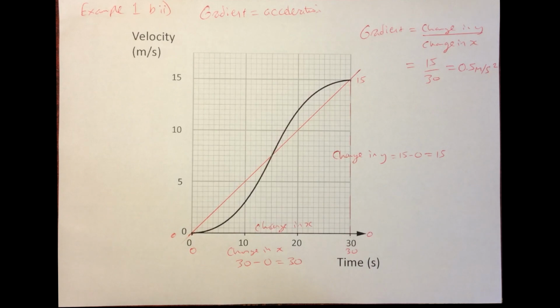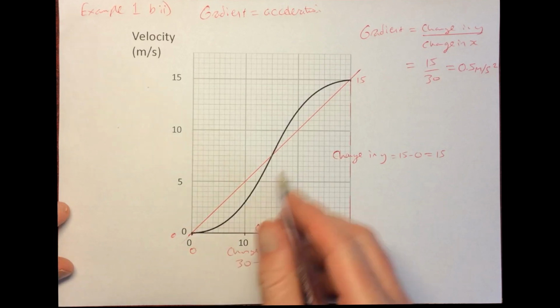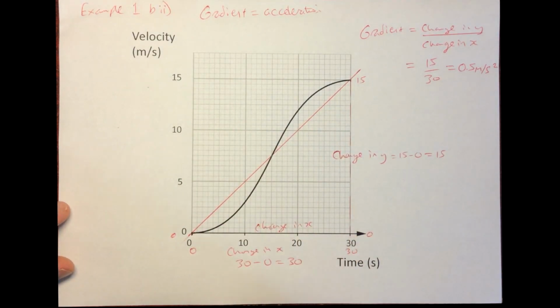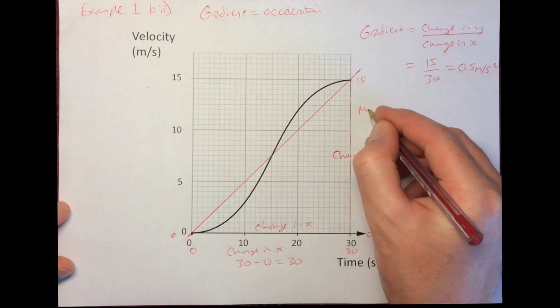Now there's another way of doing this as well, and that is that the mean acceleration is equal to the total change in velocity divided by the total time. So you could do it like this.